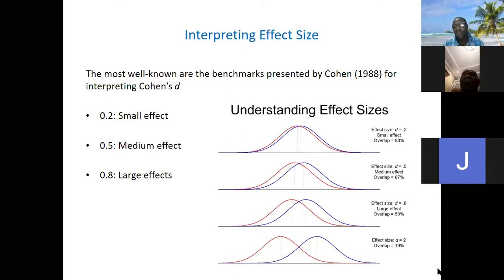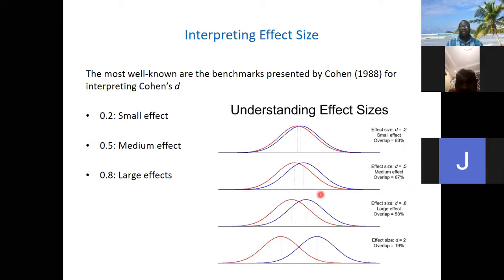And if you look at this graph, because you are looking at a difference between two groups, imagine the division of the two groups. Look at the overlap. When the effect size is 0.2, a small effect, the overlap is 83%. They overlap very well, so there's not much difference. When the effect size is 0.5, medium effect size, the overlap is 67%.